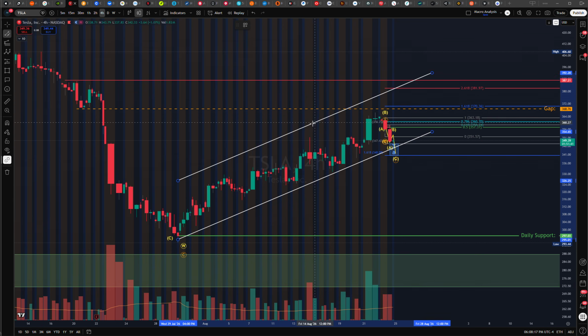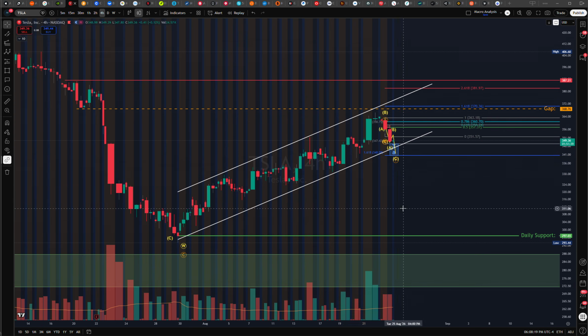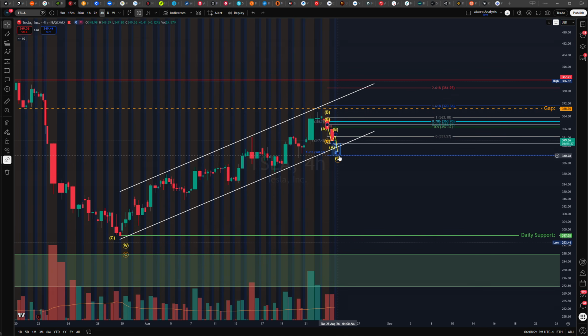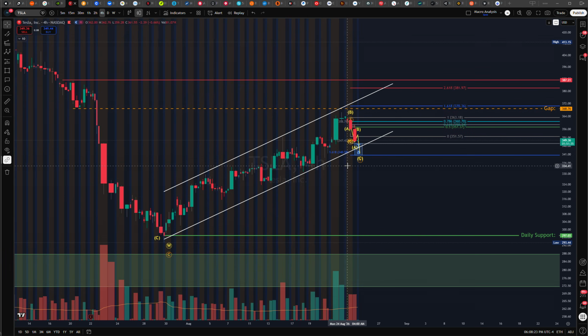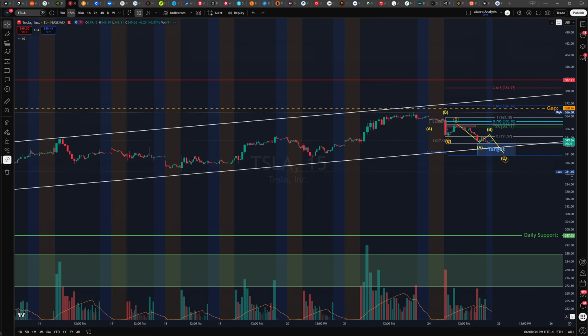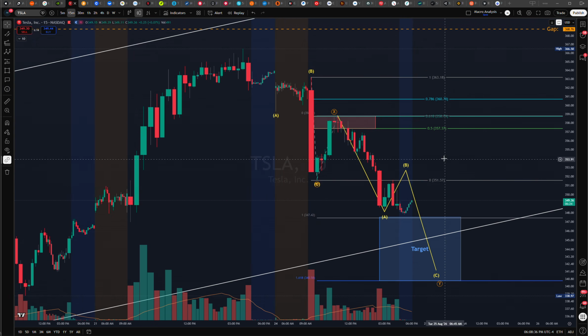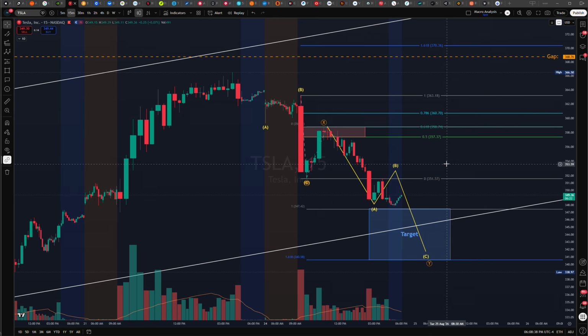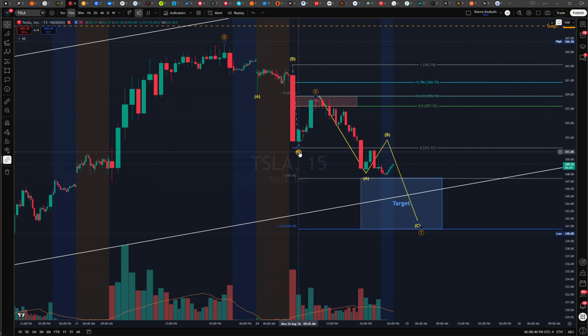So you have Tesla still in that parallel range right there. Once it breaks that range, very likely you're going to see that drop to retest anywhere around. You want to see it hold this level here, pretty much. But if we look at the 15 minutes on Tesla, you completed an A, B, C, and probably forming a WXY.